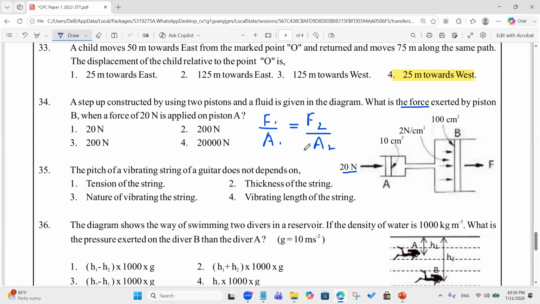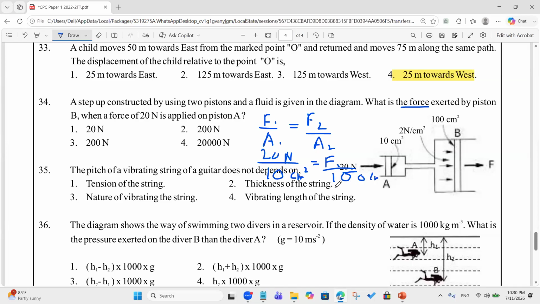right? So F1 is 20 newtons. 20 newtons divided by A1, which is 10 cm squared, equals F2, the thing that you had to find, divided by A2, which is 100, right? Okay, can you find and tell me the answer?